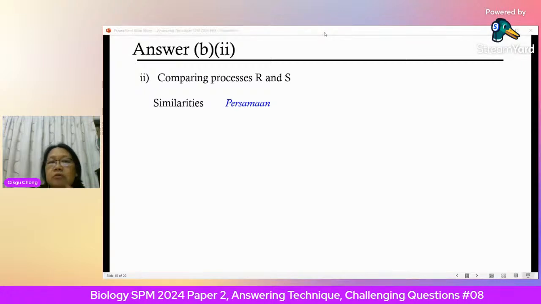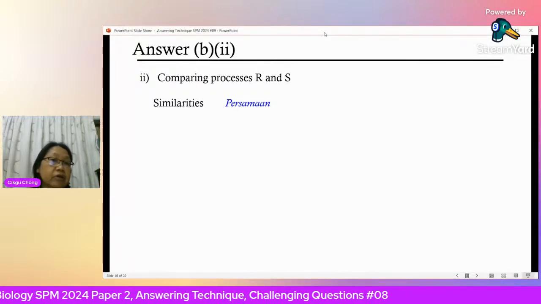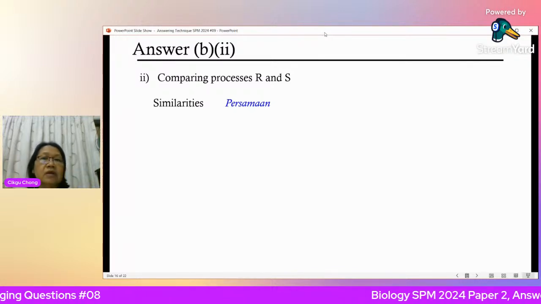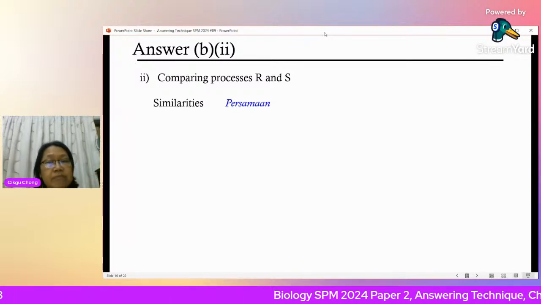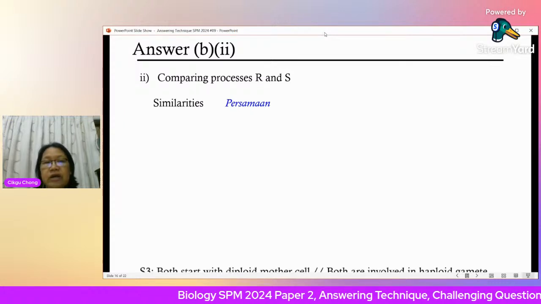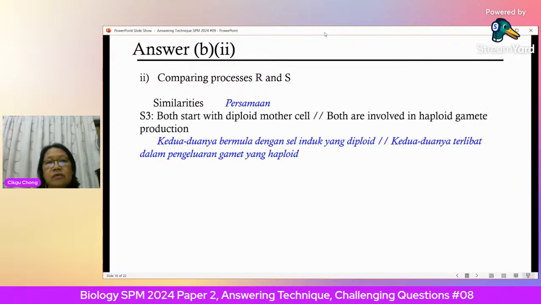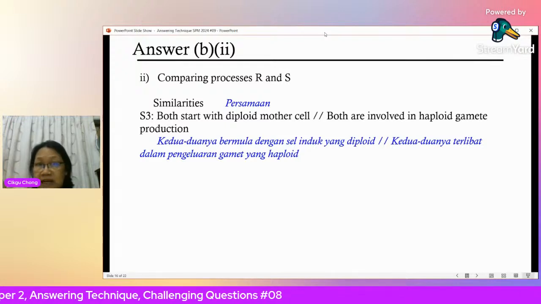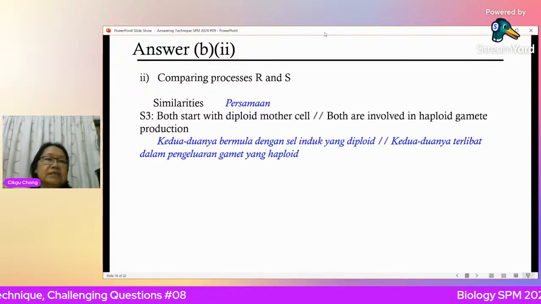So now what about comparing R and S? That means you're going to compare the process of producing pollen grain and the other one, which is the embryo sac, the ovule. Similarities: both of these processes start with a diploid mother cell.